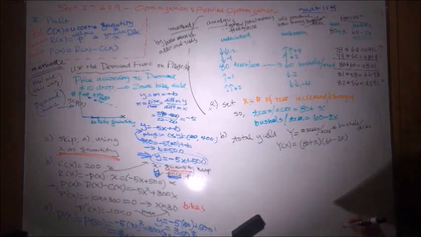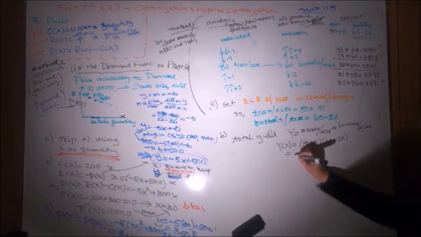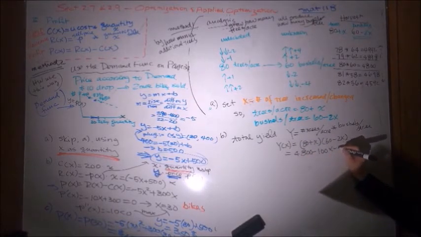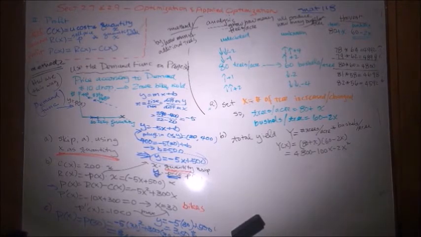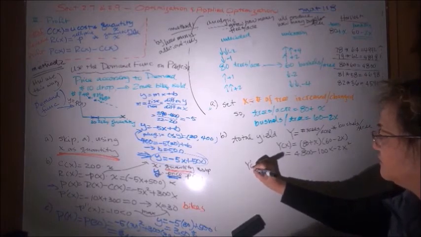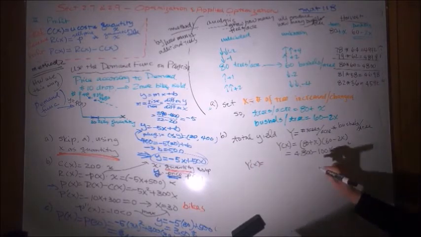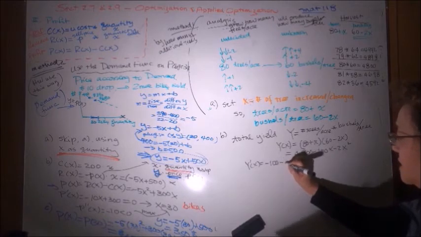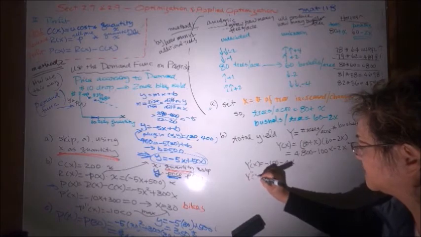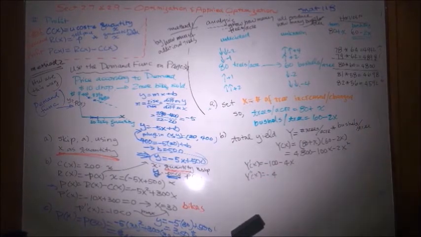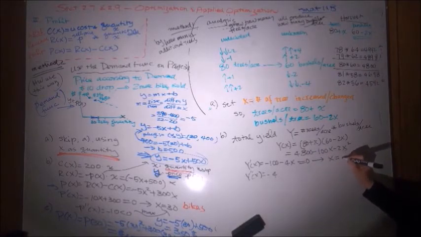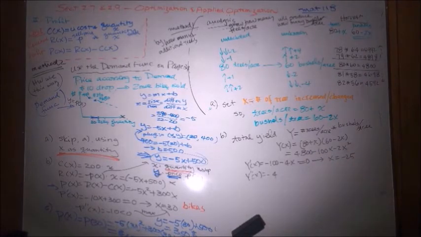Okay, then let's see. We multiply them out, we get our function, right? Then what do we do? We use the derivative. The derivative of y would be 100 minus 4x, right? Then the second derivative will be negative 4. If we make the derivative 0, x will be 25.